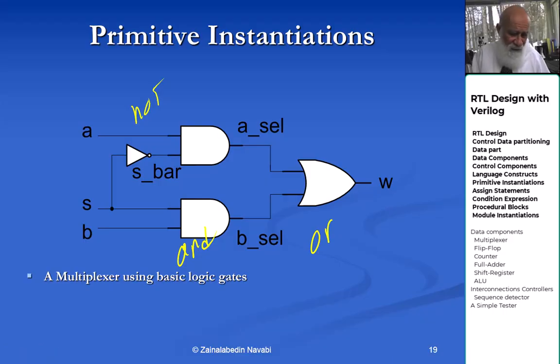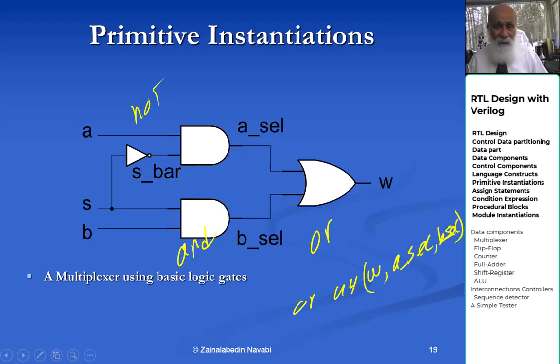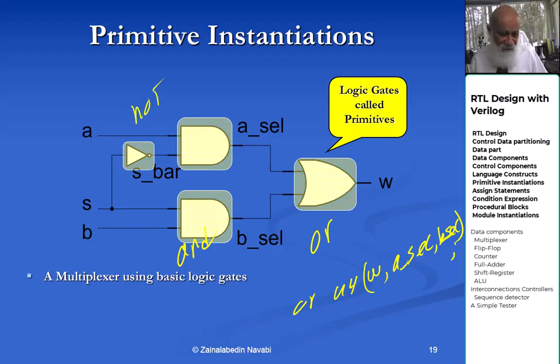Well, this OR primitive, let's call it U4 for example, just to give it a name, and this is called the instance name. The output of it is W, and the inputs of it are A select and B select. This is how I describe this OR, and then as you can see, I can describe the AND and the NOT and all that, put them together, and that becomes the Verilog description of this.